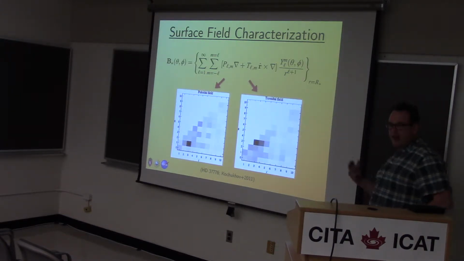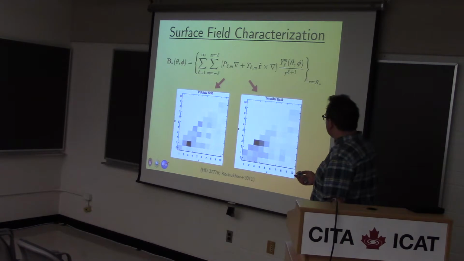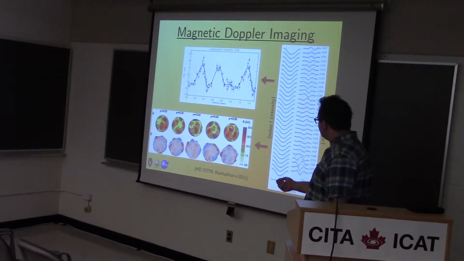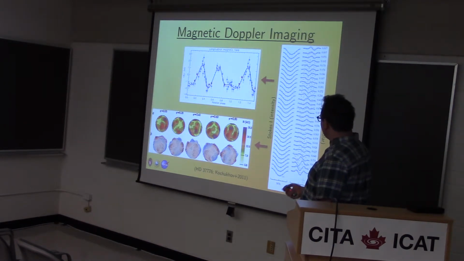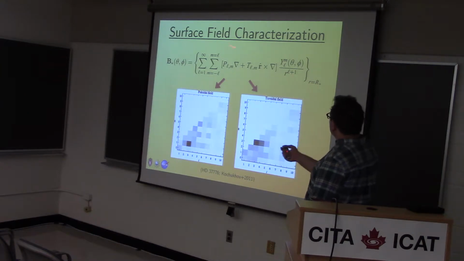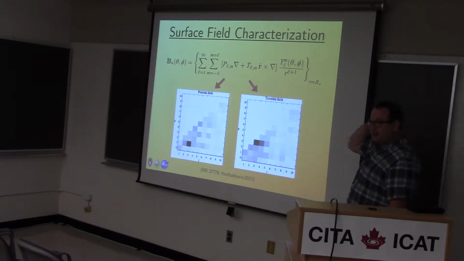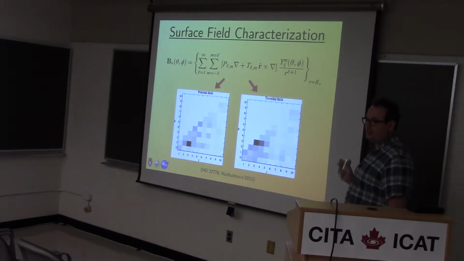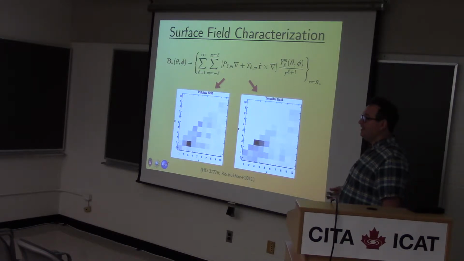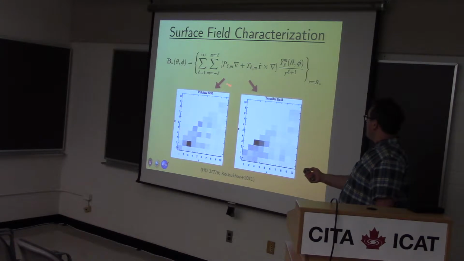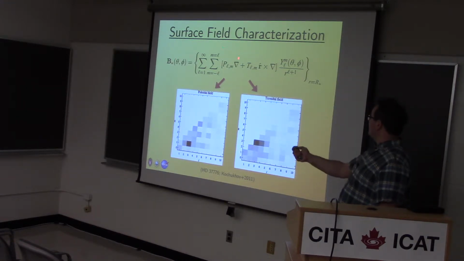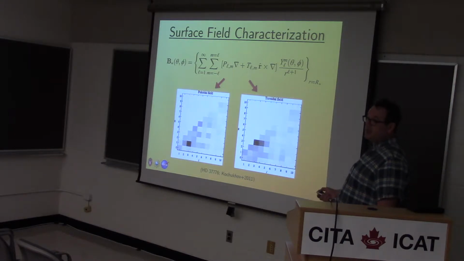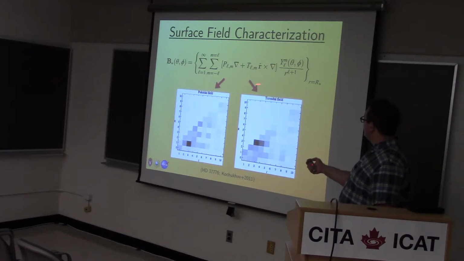Okay, so if we've managed to develop one of these surface field maps, a standard approach is to characterize the field in terms of a spherical harmonic decomposition. There's no physics in this whatsoever. It's just math, really. The field across the surface can be represented as a poloidal spherical harmonic contribution plus a toroidal contribution.